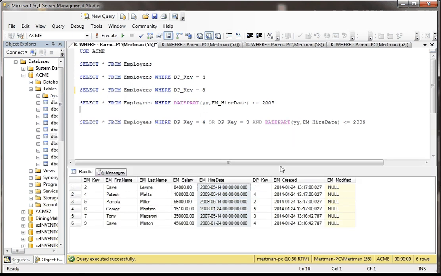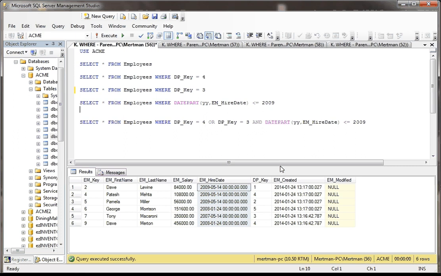But here's what the powers that be told us to figure out. They want to give bonuses in the company based on how long people have been with the company over a certain amount of time, and then what departments they were in. And we'll say that, as usual, the sales department and the IT department were profitable. Everybody else, it was a horror story.